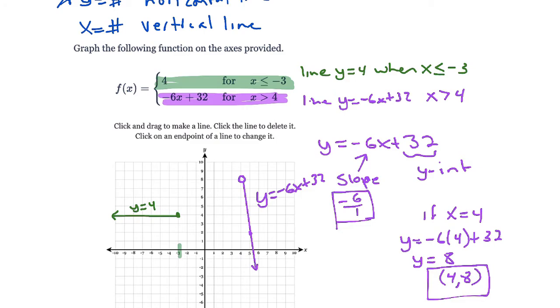So that's all that you'd have, because our restrictions are only including x less than or equal to negative 3 or x greater than 4. So we have just a missing piece of the graph, and that's fine. That's where we were restricted.